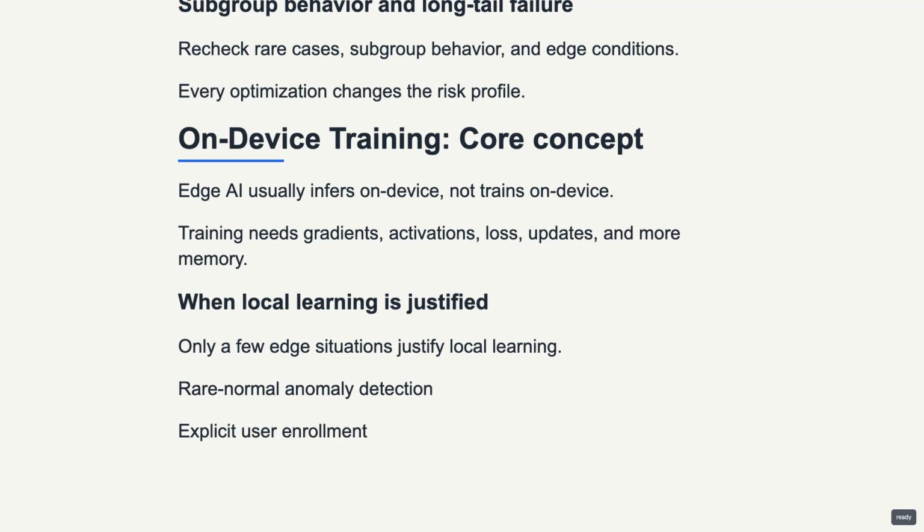Another fit is personalization through enrollment. The user provides labeled examples on purpose, and the device turns those examples into a compact representation that can be matched later without running a full training pipeline every time.